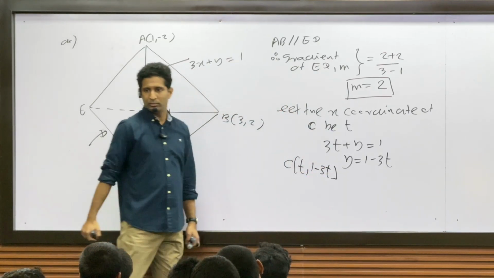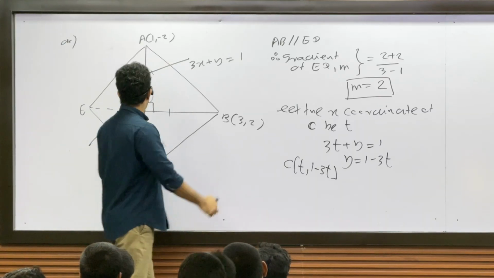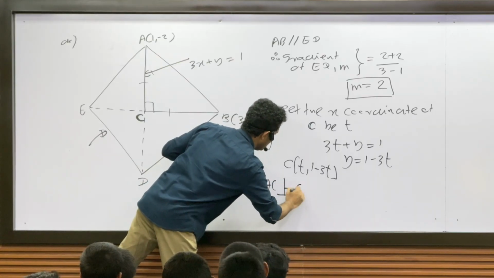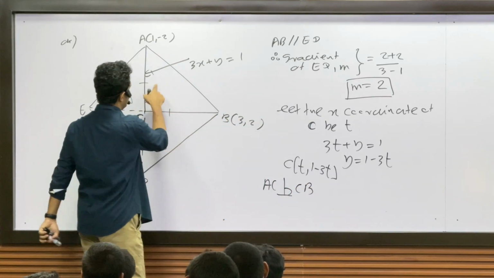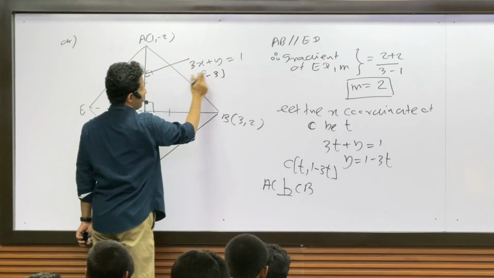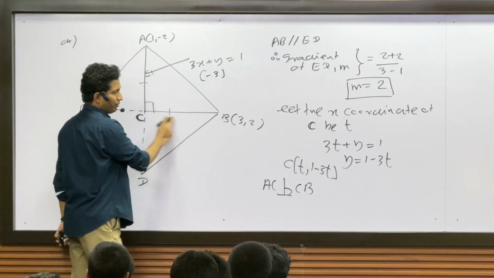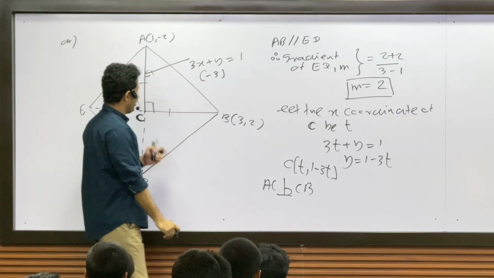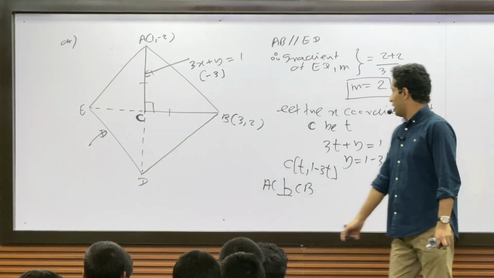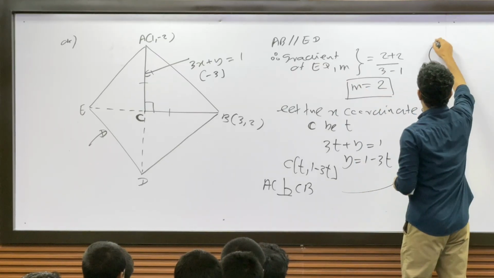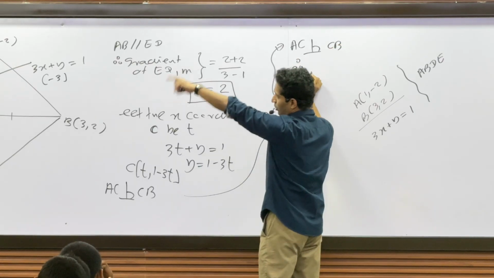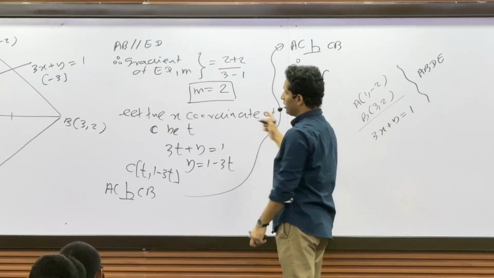Again you know that AC and CB are perpendicular. Therefore the product of the gradients should be equal to minus 1. The gradient of AC is minus 3, and you can find the gradient of BC in terms of t, without finding the equation of BC.